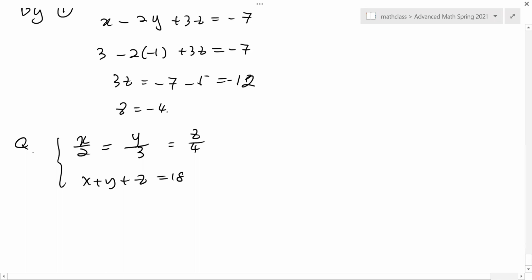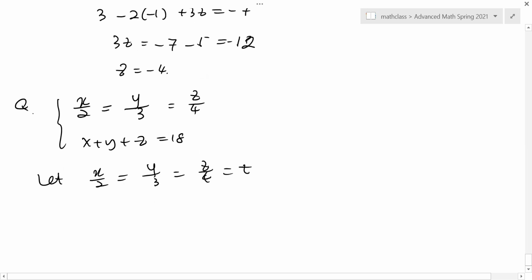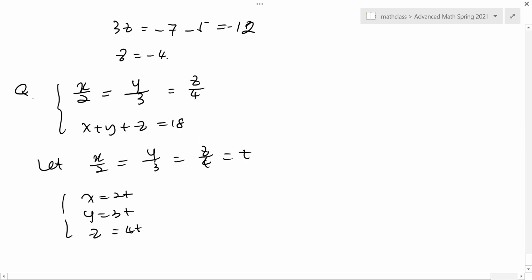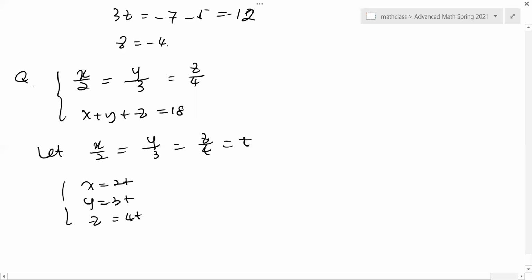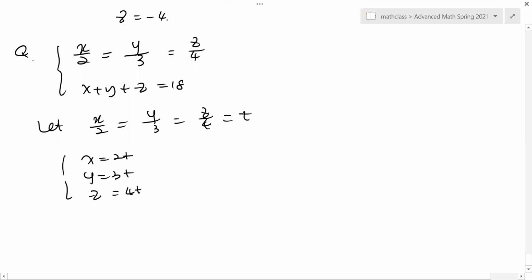To solve this problem, you introduce a variable. You let them equal t. Then you get x equals 2t, y equals 3t, z equals 4t. Then you plug into the second equation, x plus y plus z is 2t plus 3t plus 4t equals 18.